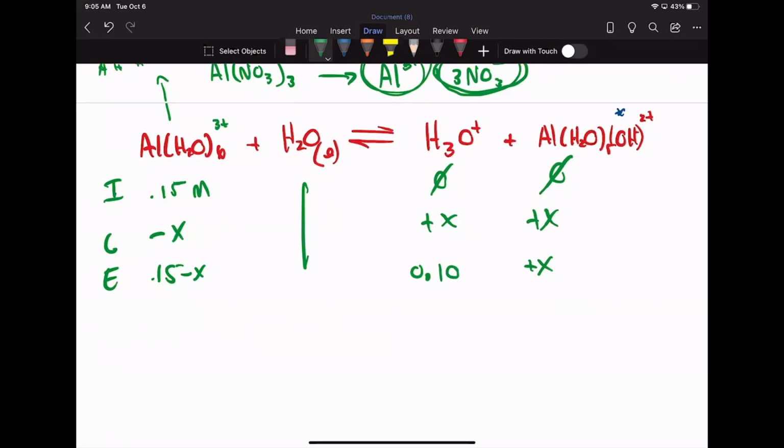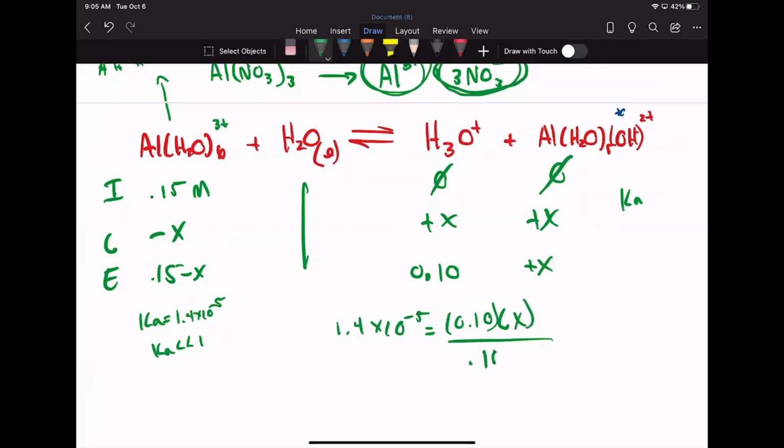Ka, oops. So here, what do we say our Ka was? I'll write it down here. Ka is equal to 1.4 times 10 to the minus 5, and the Ka is a lot less than 1. So when I write this, I'm going to say 1.4 times 10 to the minus 5 is equal to 0.10 times x over 0.15.